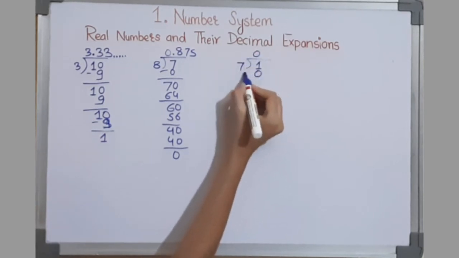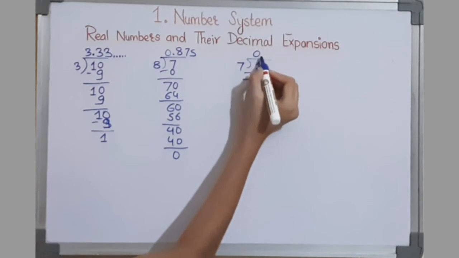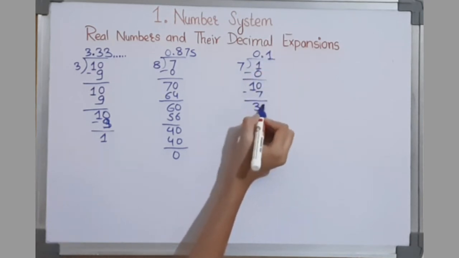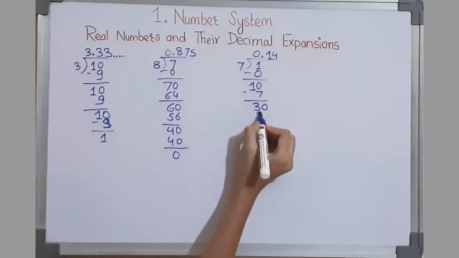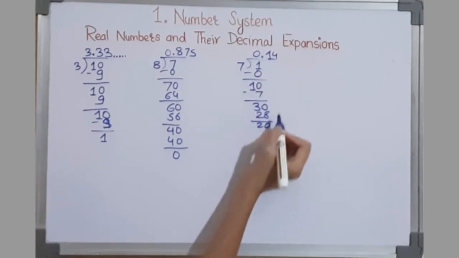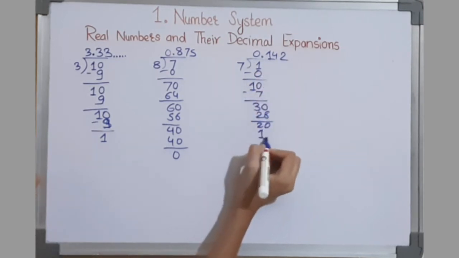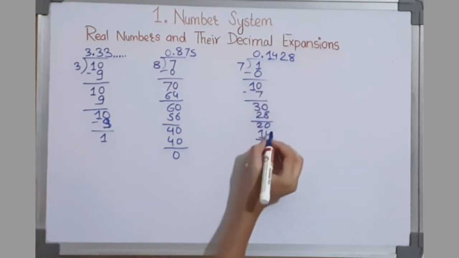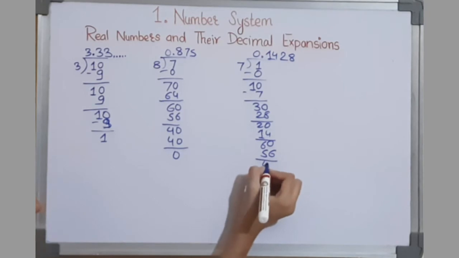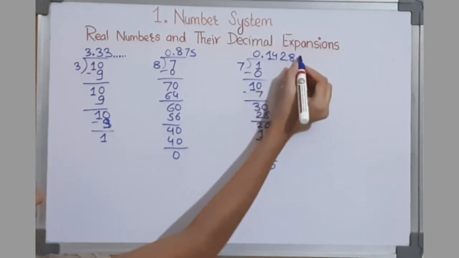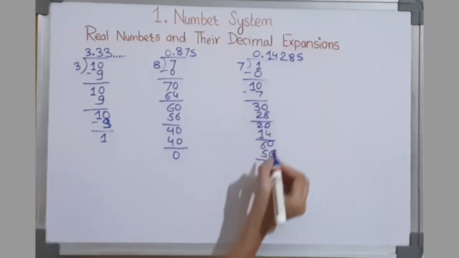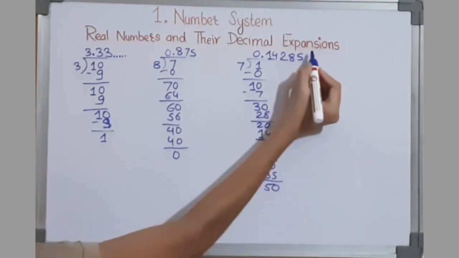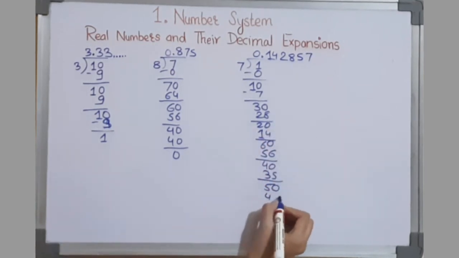Now we will divide 1 upon 7. 7 zeros are 0. 10. 7 1s are 7. 30. 7 4s are 28. 20. 7 2s are 14. 60. 7 8s are 56. 40. Then 7 5s are 35. 50. 7 7s are 49.